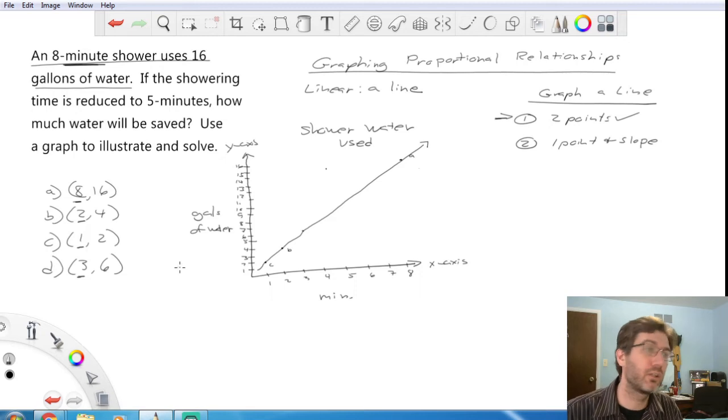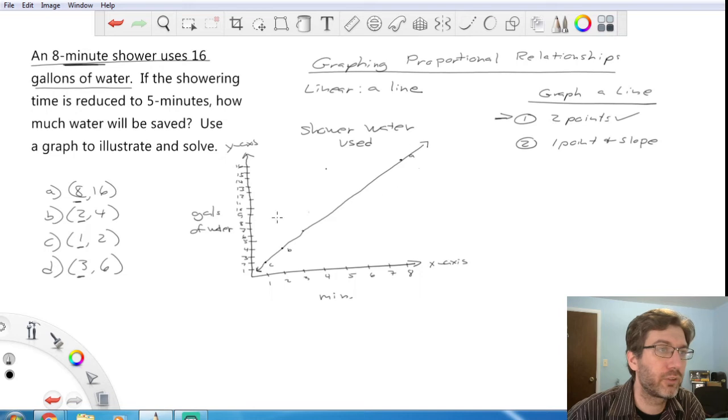And it is extended in both directions because it is a line, even though it does not make sense to have negative numbers here. We're just not going to read them. But this is our line. This is our graph. This is what it's going to look like. You'll note that it is linear. It is a straight line. Lines have arrows. And again, you only really needed 2 of these points in order to graph this. I just did 4 of them.